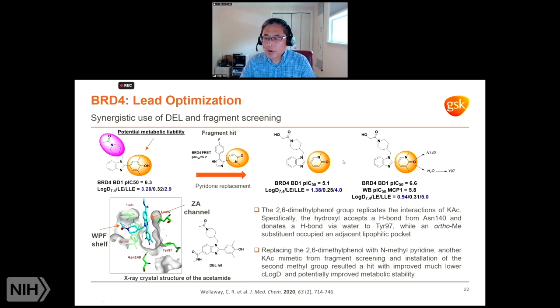For example, once we replaced this phenol with this dimethylpyridone, we found this compound shows similar, comparable activity, but with significantly improved physical properties. The ClogD goes down from 3.2 to 0.94, which gave us more freedom to optimize other parts of the molecule.